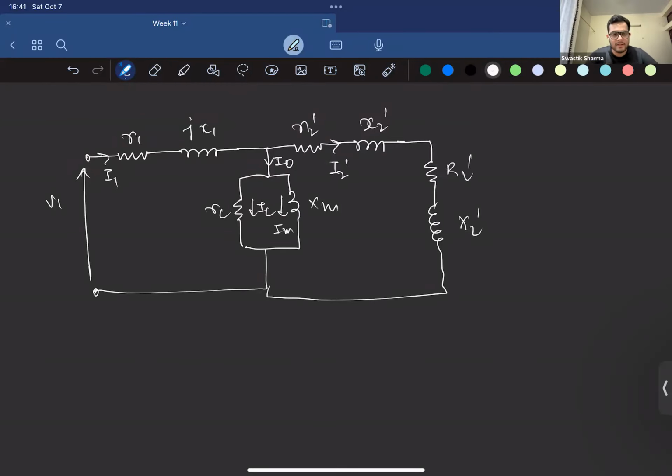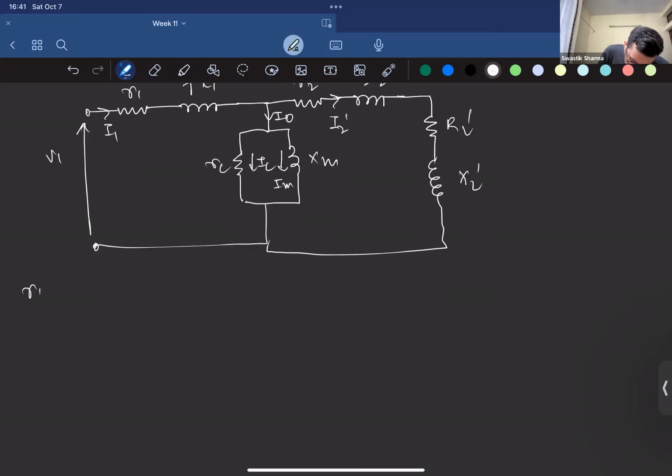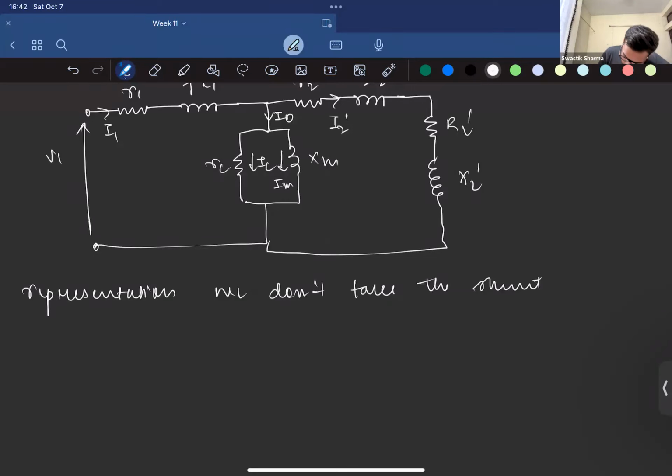So this is generally how we represent our transformer, right? There is one more representation, taking the shunt circuit into account, right?